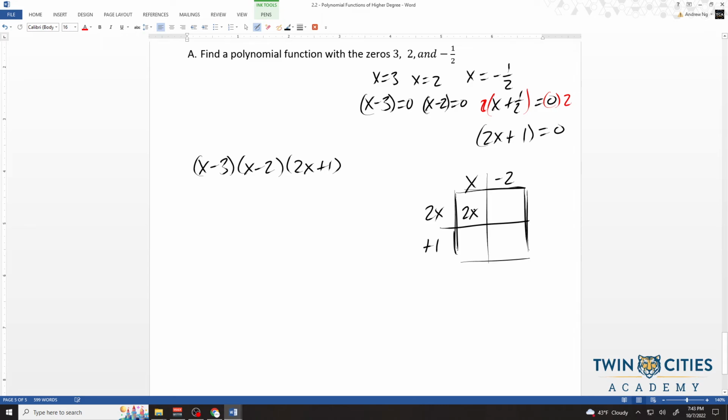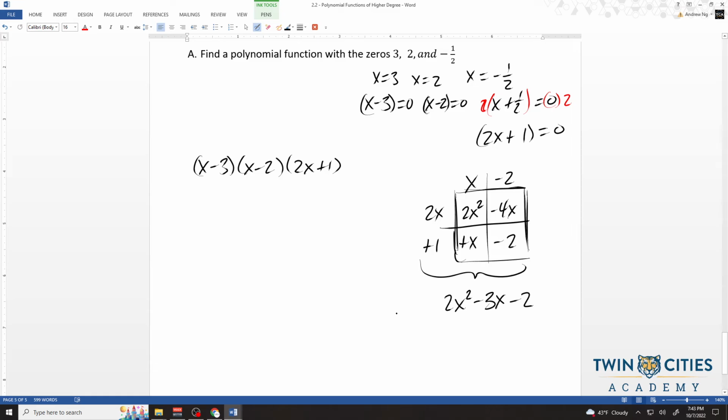This is 2x squared. -2 times 2x, that's going to make -4x. 1 times x, so plus x. And 1 times -2, minus 2. So this is 2x squared, combined like terms, minus 3x, minus 2.